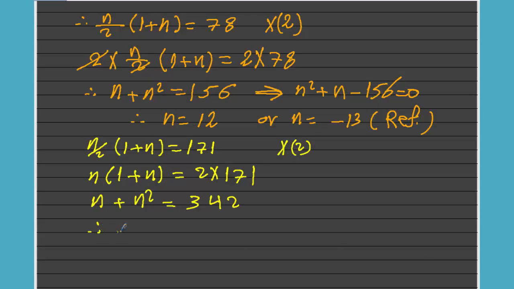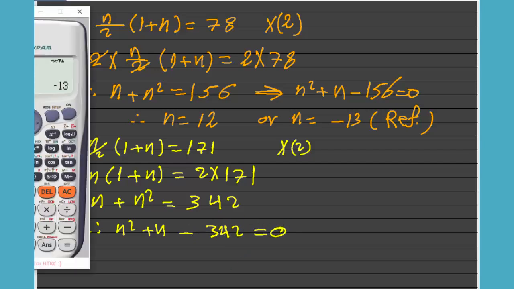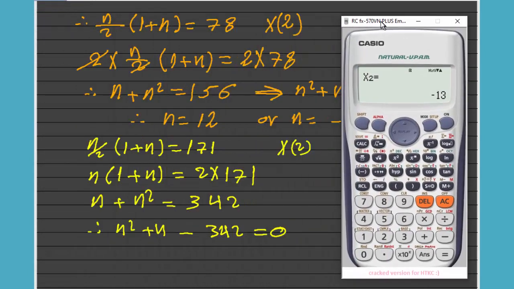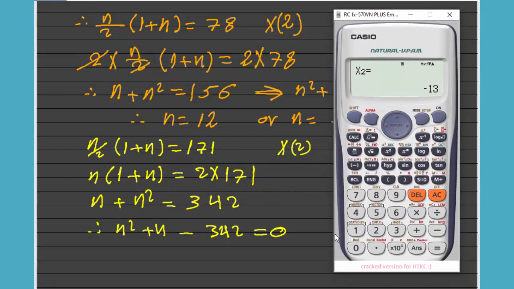Now n² + n − 342 = 0, and go to the calculator to find the value of n. So substitute a = 1, it is 1 already. Substitute b = 1, and we will change c, it is −342.